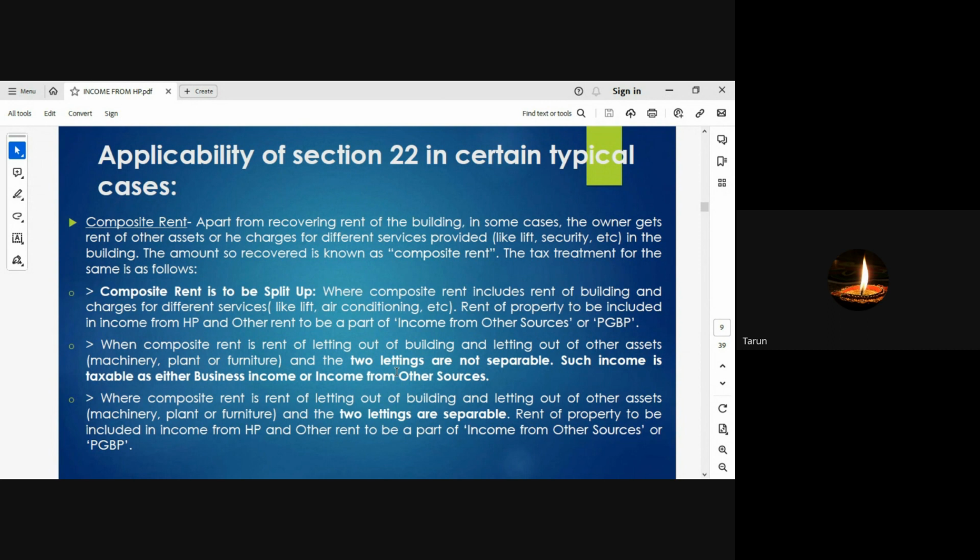Such composite rent is treated in the calculation of income from house property. Composite rent is equally split up, where it would include the rent of the property and any charges from different services.